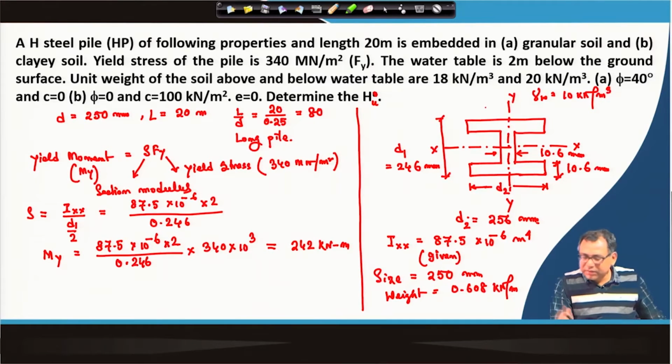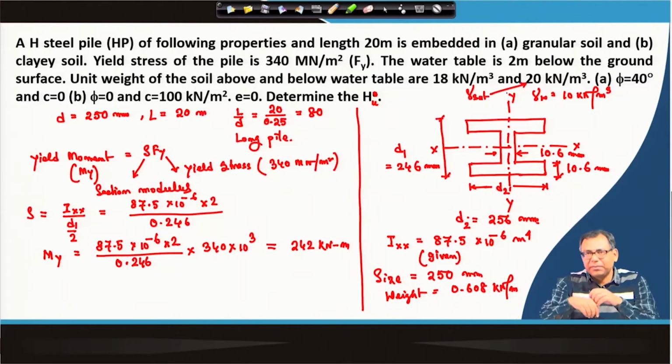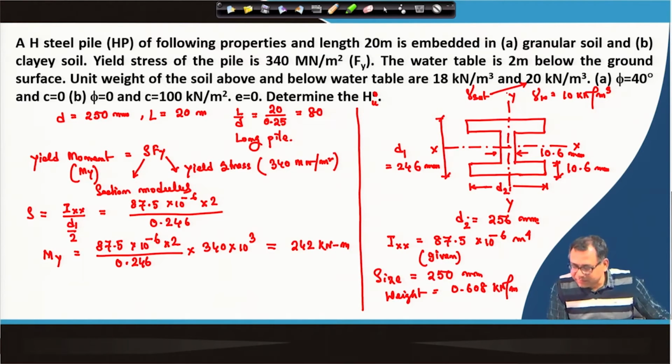The unit weight below the water table is 20 kilonewton per meter cube, so this is definitely a saturated unit weight, gamma sat. Submerged cannot be 20 kilonewton per meter cube; submerged will be 20 minus 10, 10 kilonewton per meter cube, or close to 10.